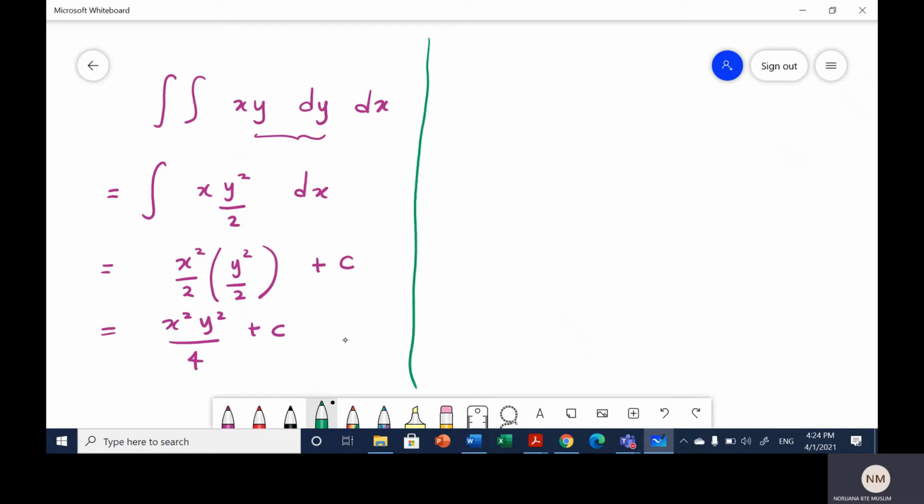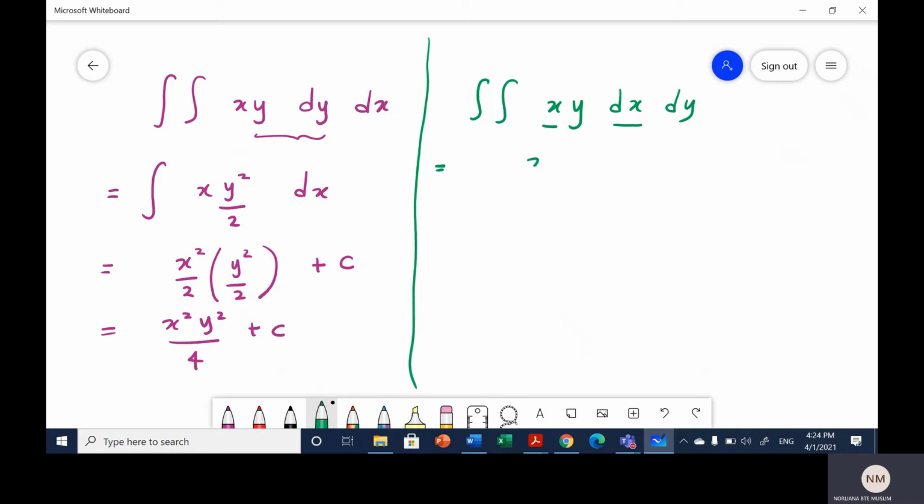We can switch, or perform the double integral as follows: xy dx dy. If we have this kind of example, we do the integration with respect to the x variable first, because we have the internal part dx.